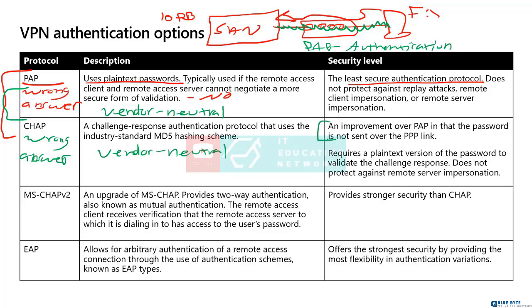It's a slight improvement over PAP in that the password is not sent. It uses a hash of the password, but it still requires a plain text version of the password, not secure by any standard. You would only use that for something like the SAN we described here, and most will support PAP and CHAP as an option, but you would manually encrypt the connection yourself. So for a VPN, neither would we ever use.